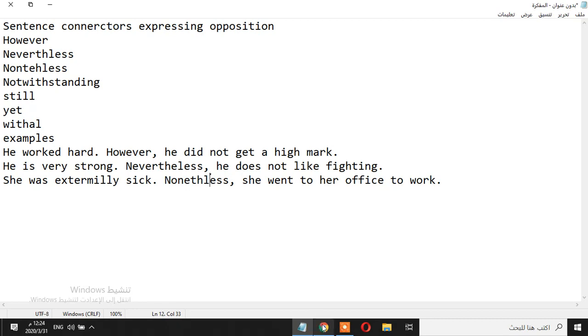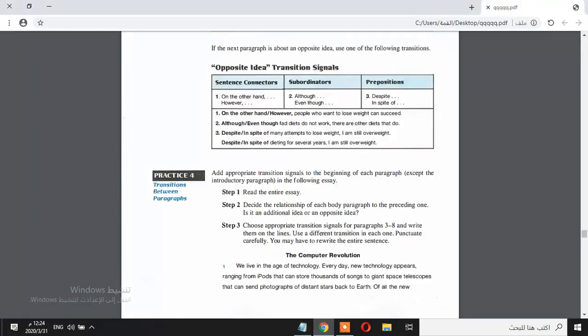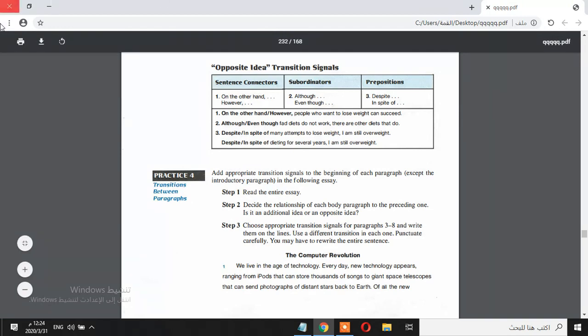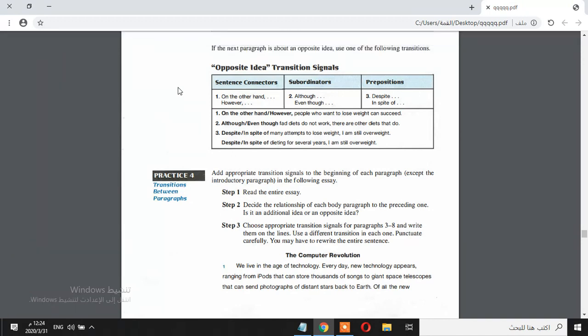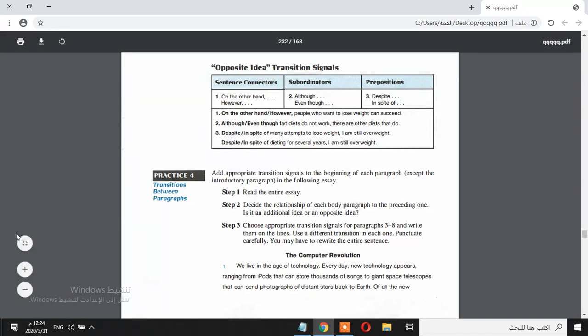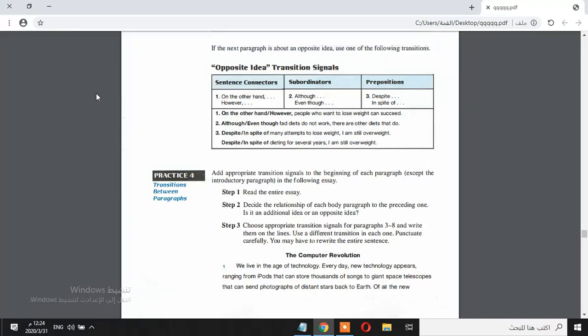These examples are very important. We are left with although and even though as subordinators. They express the same idea, but what differs is the sentence structure. With however, notwithstanding, on the other hand, withal, nevertheless, nonetheless, we have two separate sentences, two simple sentences.